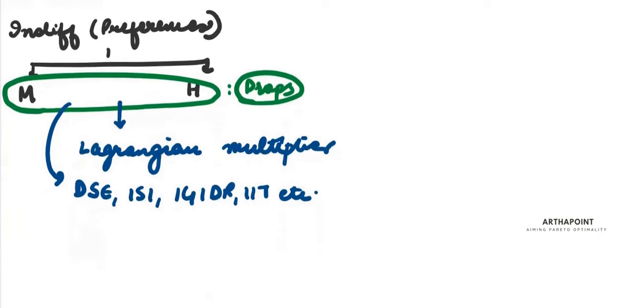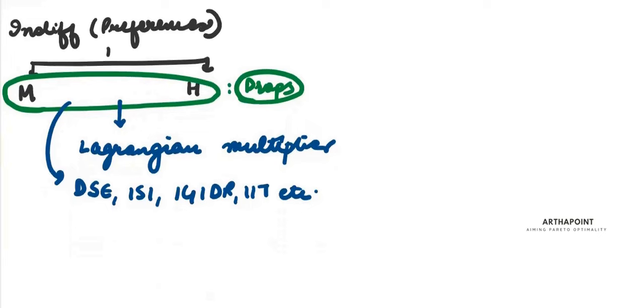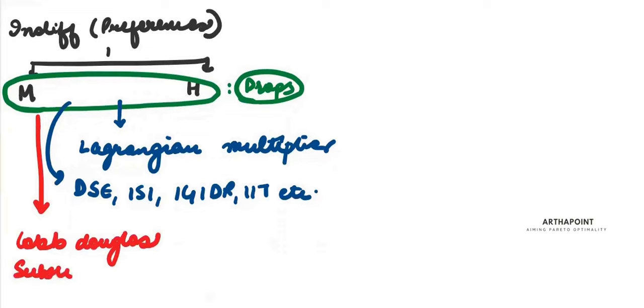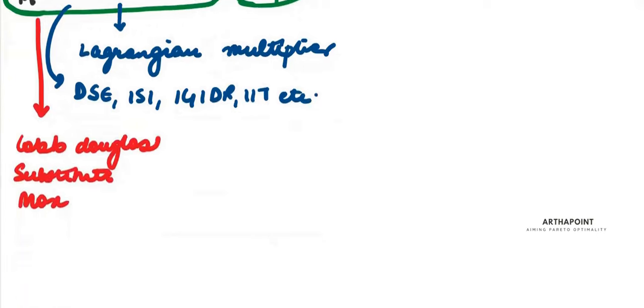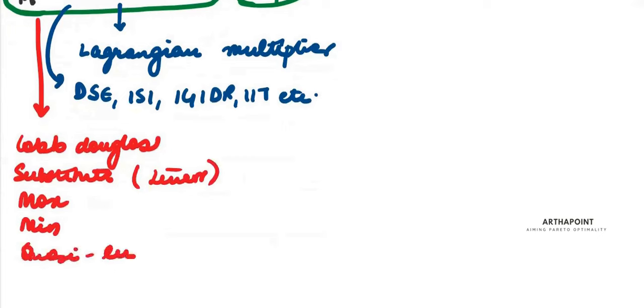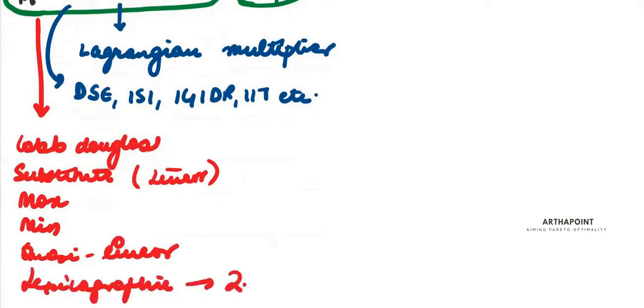Here I would be taking you through various indifference curves like Cobb-Douglas, substitute goods, min functions, max functions, linear substitutes, quasi-linear, lexicographic preferences, seen 2 to 3 years in the DSC exam.